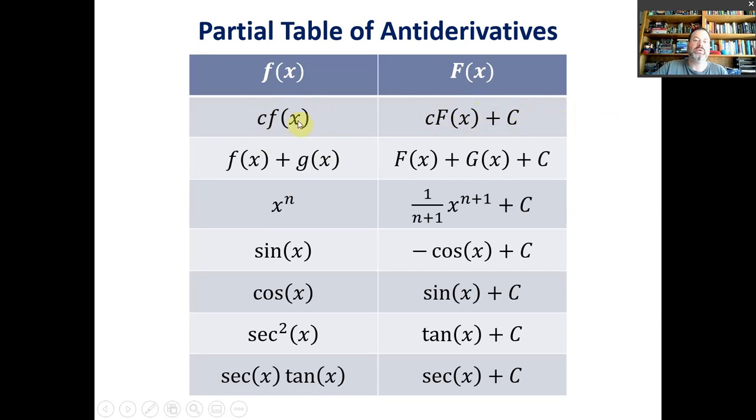So when we go this way, you have to be able to see that it's just the inverse process. And so on down the page. So we're going to take these as rules, right? All the rules we had for derivatives, constant multiple, sum and difference. This is just a partial table. It's not intended to be comprehensive. There's many more.